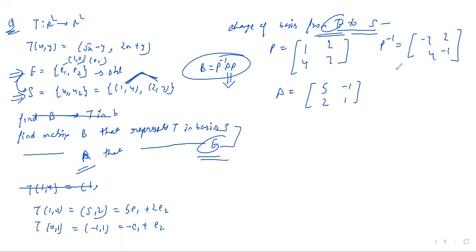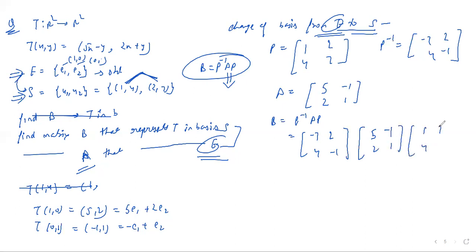So B equals P inverse AP, that is minus 7 4 2 minus 7, times A, which is 5 2 minus 1 1, times P, which is 1 4 2 7.